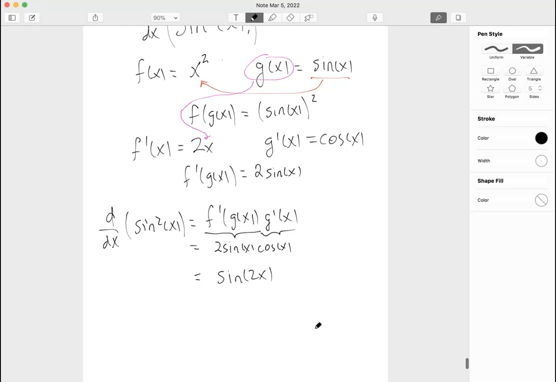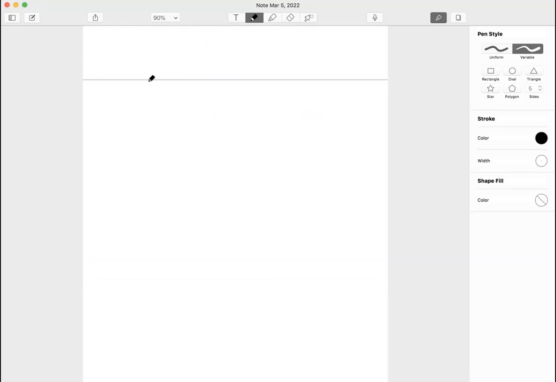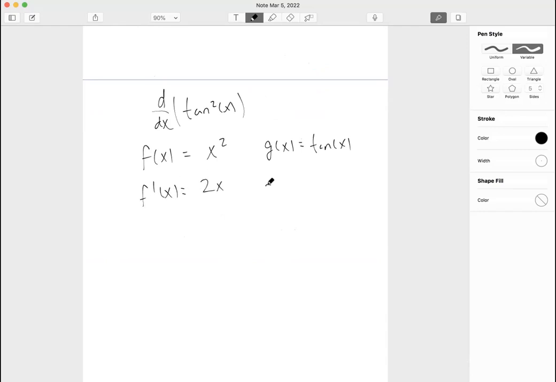Actually, one that might be really helpful is tangent squared. So much like the first one, our f would be x squared and our g would be tangent. So f prime is 2x and our g prime is secant tangent.